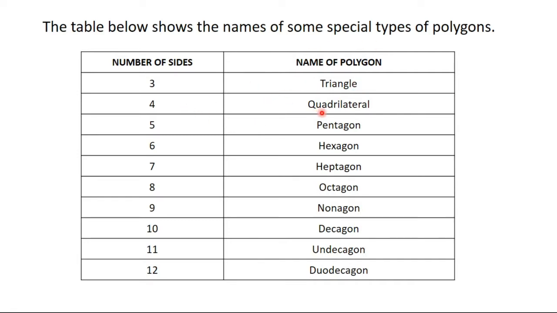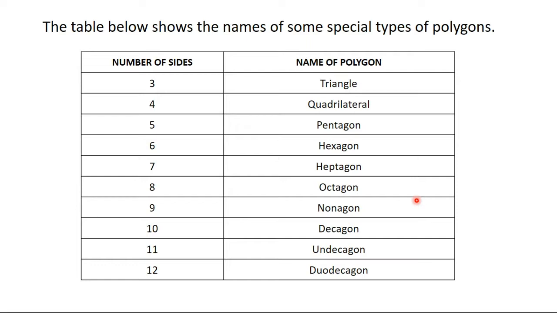That's the general name for all plane figures with 4 sides. 5 sides is called a pentagon. 6 sides is called a hexagon, and the names continue. So in this video, when you mention, let's say, an octagon, you should know that we are talking about an 8-sided plane figure. Let's say we mention a heptagon, we are talking about a 7-sided plane figure.